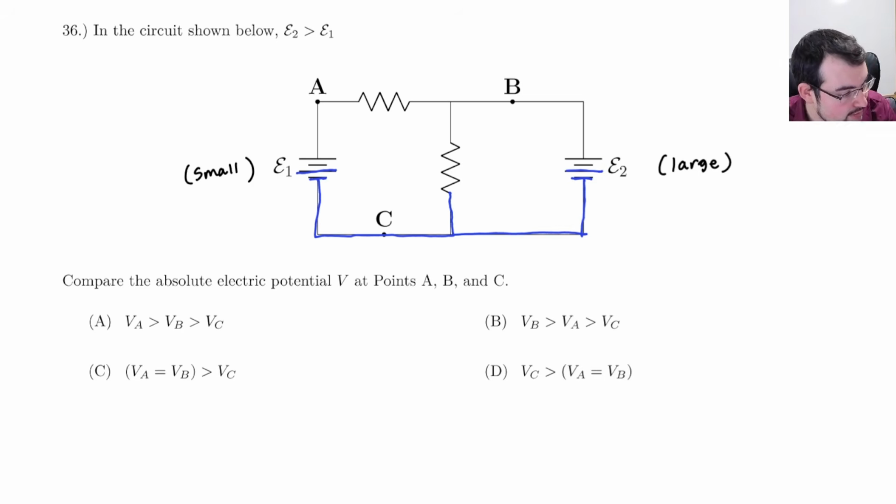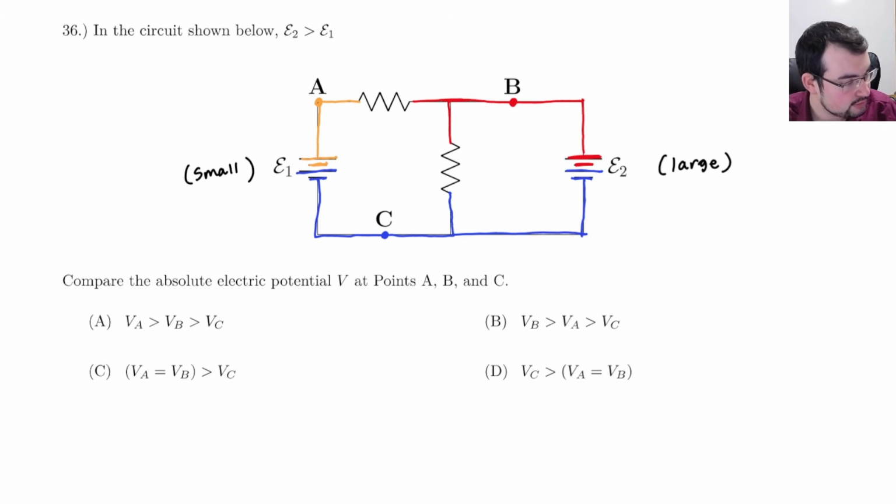So we actually get our largest possible step up in potential across our EMF 2. So that actually tells us that we get a large step up here. And then we'd actually get a smaller step up here from the first battery. So we get this kind of strange setup where we have 2 batteries, so the potential looks like this.